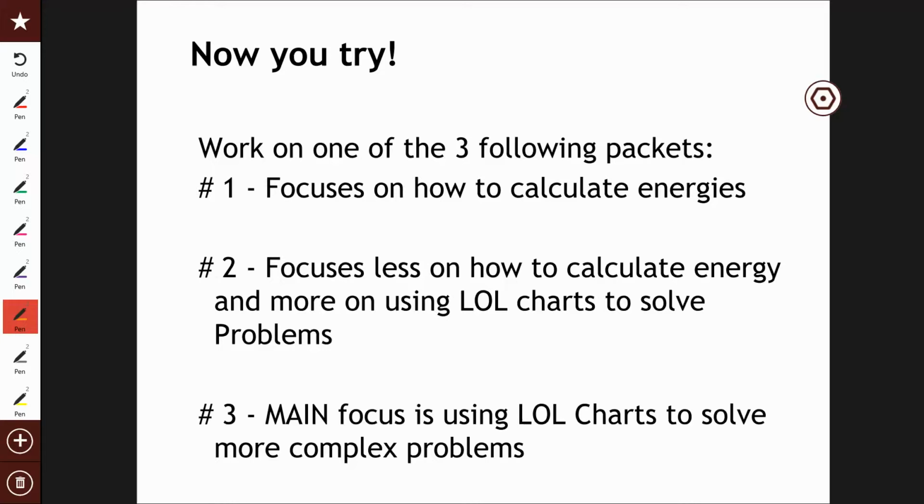The second option starts with a quicker intro to the calculations and then goes straight to the LOL charts and problem solving. The third option has more advanced problems, less of the intro with calculations, and is really more just getting into the problem solving itself. So come up and grab one of these choices.